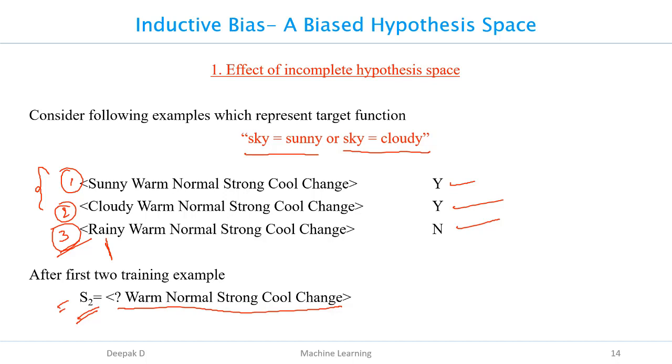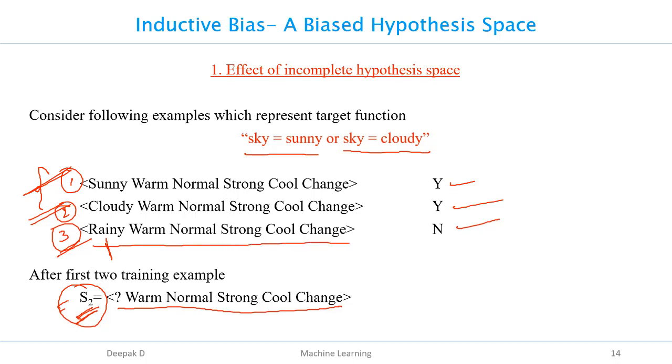So this hypothesis is the maximally specific hypothesis from H that is consistent with the first two examples, which is already general, and this hypothesis will incorrectly classify or cover the third negative example.